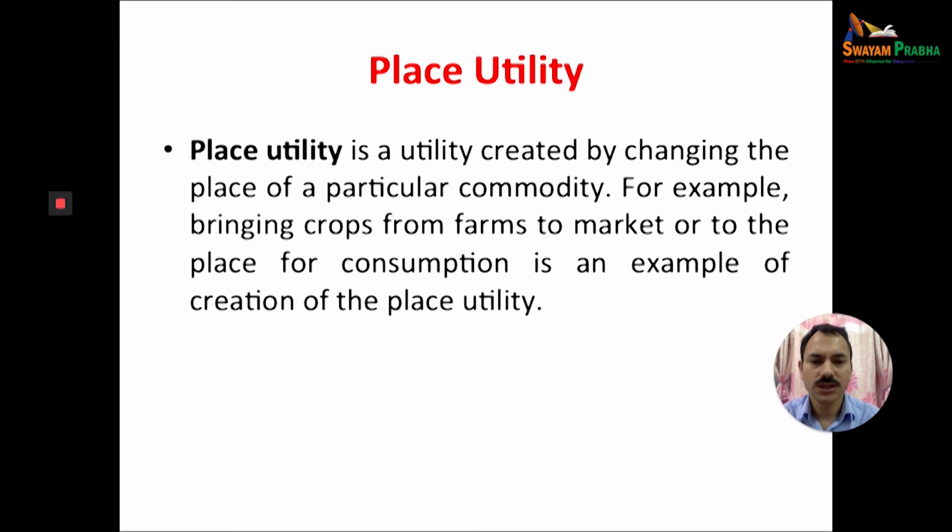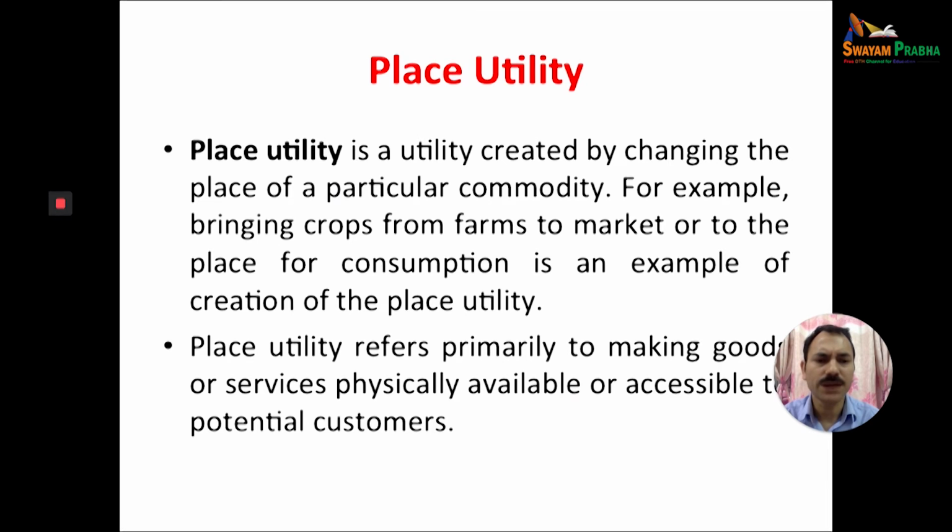Place utility means when anybody changes the place of the product to where it is required, where consumers need that product. You are creating the utility which is called place utility.